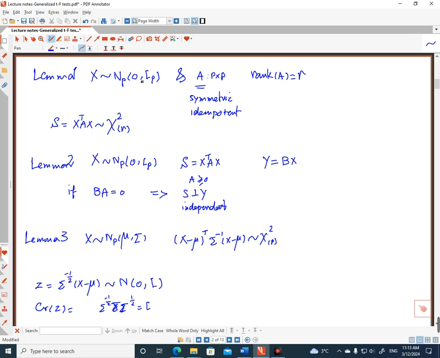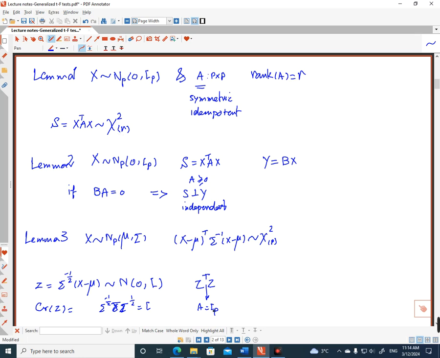And based on the first lemma, we can then write it as z prime z, where the A matrix here is equal to the identity matrix. According to the first lemma, if A has rank equal to r, then this quadratic form has a chi-square distribution with r degrees of freedom.